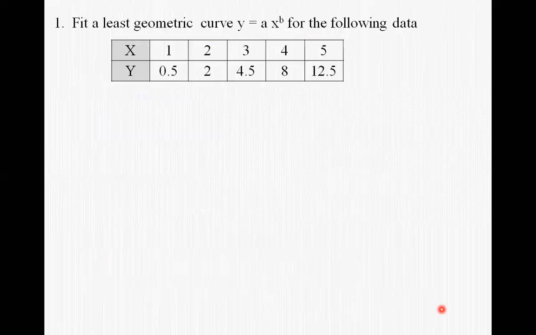Now we will solve some problems on exponential form. Fit a least squares geometric curve y equals a x to the power of b for the following data. x equals 1, 2, 3, 4, 5 and corresponding values of y are 0.5, 2, 4.5, 8, 12.5.